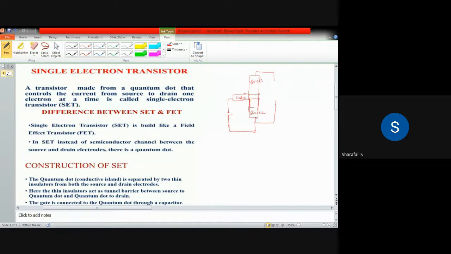Here also we will have the drain with the positive end, and this is negative, positive and negative like that.